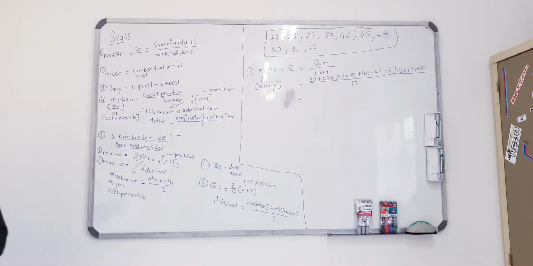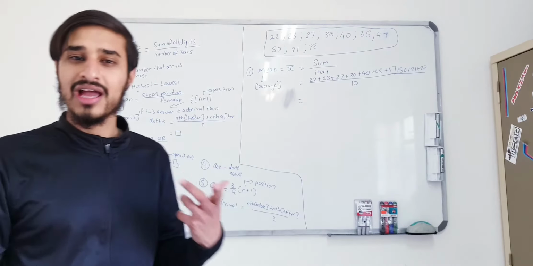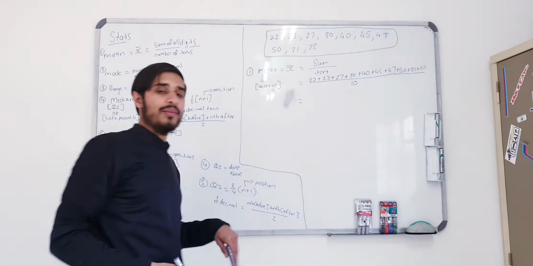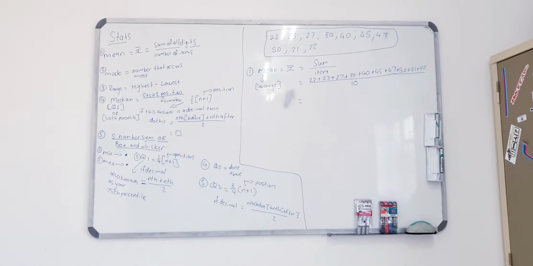Do you agree with me, this is a bit tedious? It takes time. But the reason I'm sharing it with you is that for some cases you'll need to use this specific formula.